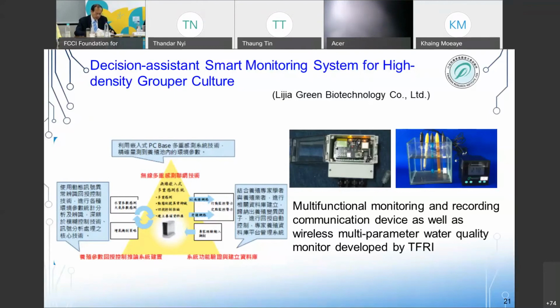This system successfully integrates several intelligent devices, including the multifunctional monitoring and recording communication devices, the wireless water quality monitor, the cloud-based multiple sensor system and dynamic signal identification feedback controllers, and also the expert system for grouper aquaculture management. So it can get energy saving, water saving, and low risk.